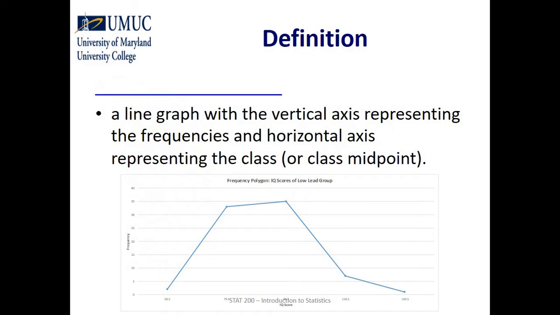Okay, the next one is a frequency polygon. It's a line graph with the vertical axis representing the frequencies and the horizontal axis representing the class midpoint. Recall that when we computed the class midpoint for our frequency distribution last time, well, this is a time when we can actually use that information.